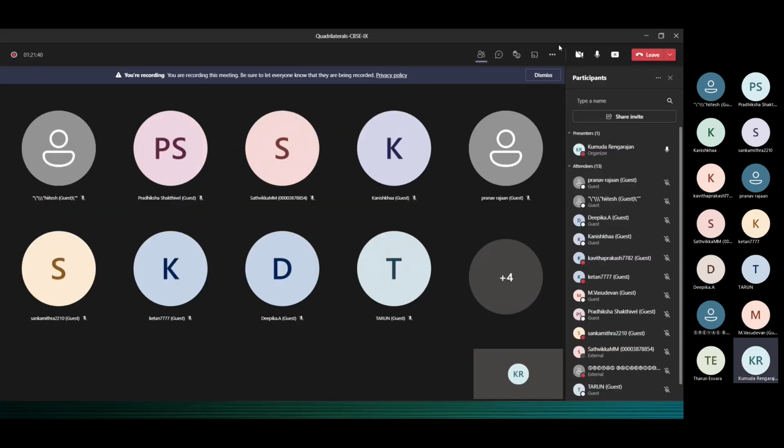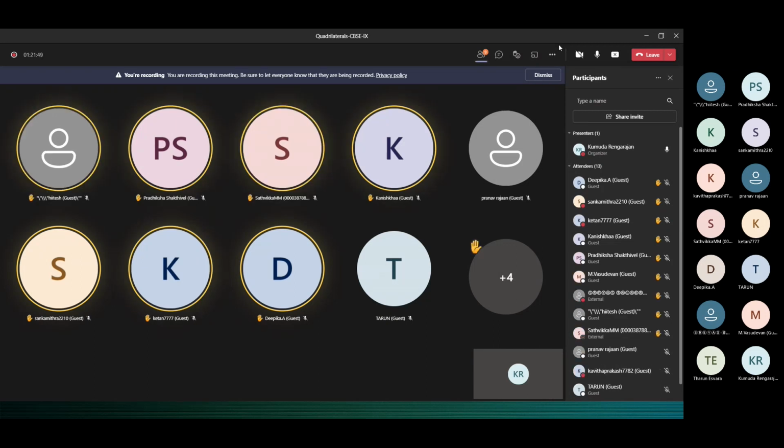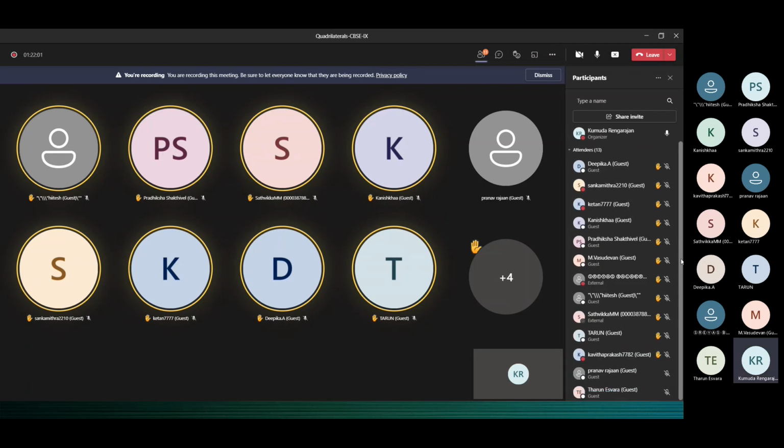Class, use the emoji. Raise your hand. Shivani, are you there? Why the delay, Shivani? Yes, ma'am. Pranav, Rajan, and Tarun, Ishwaran.